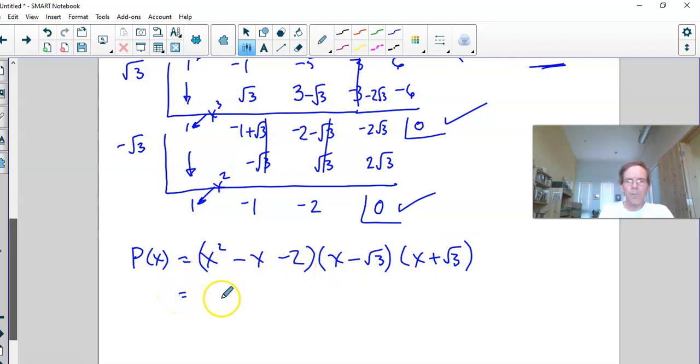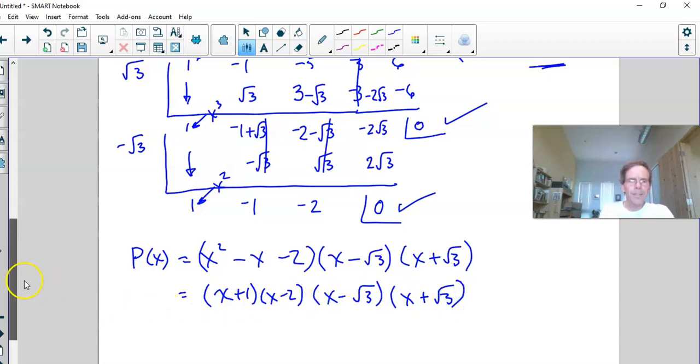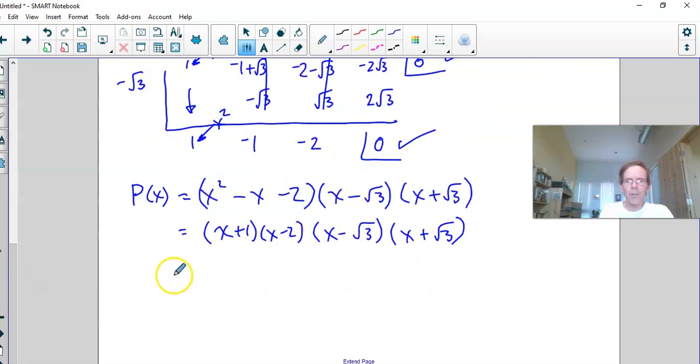And this trinomial factors, right? It factors to x plus 1 and x minus 2, I believe. So we can write out all the factors. There they all are. And now we can identify the zeros. The zeros of this polynomial are negative 1, positive 2, positive square root of 3, and negative square root of 3.